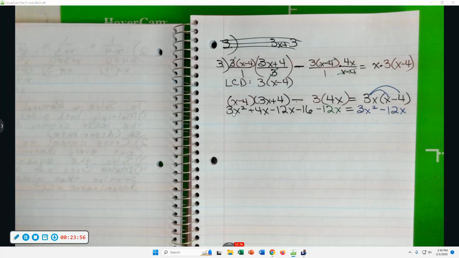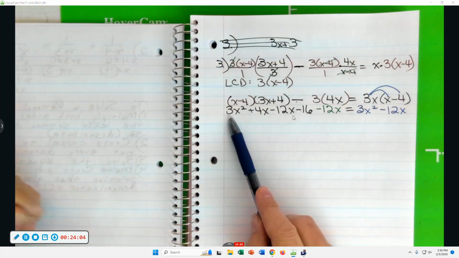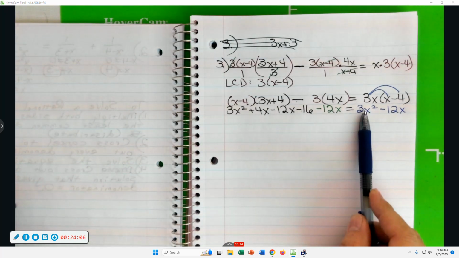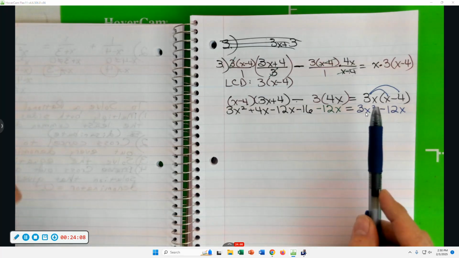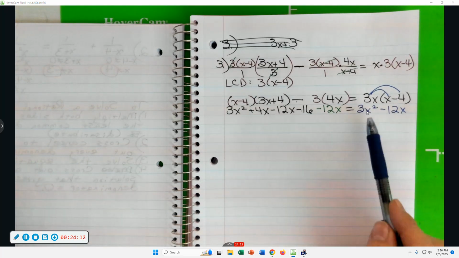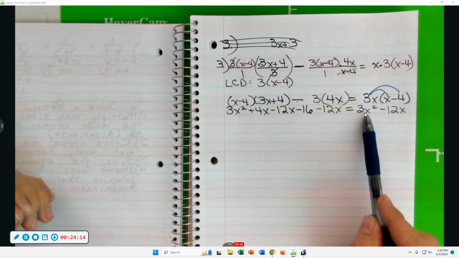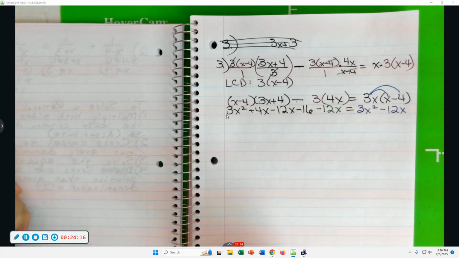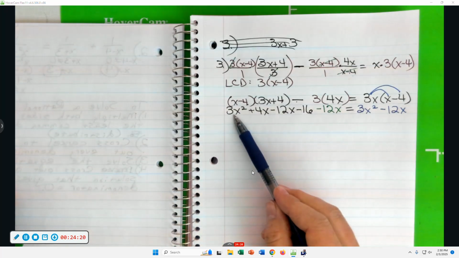And I see x squares, but something nice is about to happen. Let's suppose we try to combine all those x squares. I have an x square here and an x square here. If it's quadratic, we're going to need those x squares combined. Let's move this 3x squared over. What's going to happen when we do that? You have a 3x squared.